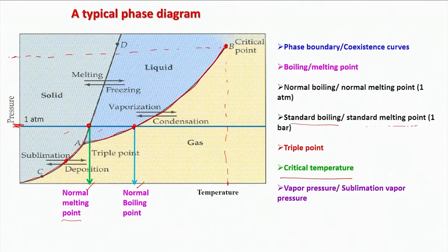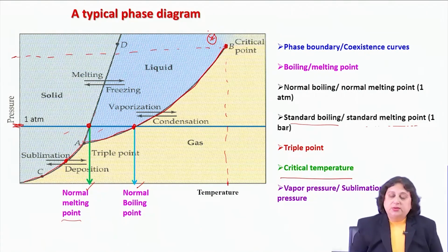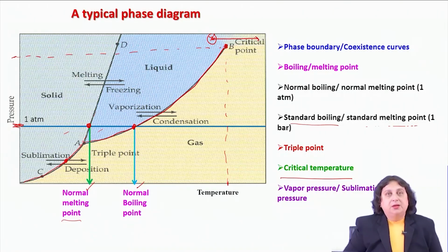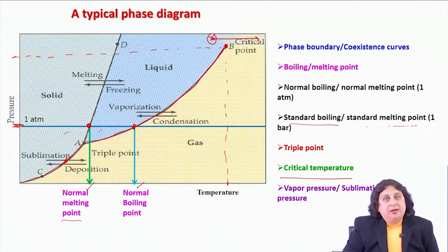Therefore, if I have a liquid at a temperature and pressure somewhere here, and I want to create a gas-like phase by heating it up, I can do so by going from here to here, but I will not encounter a liquid-gas interface as I do so.